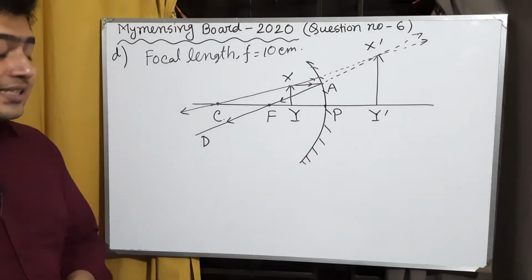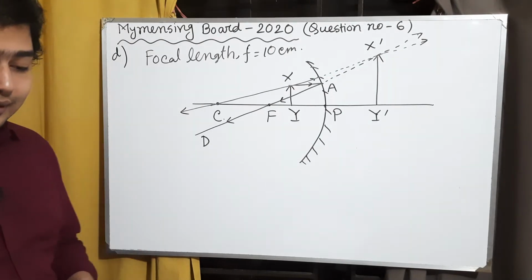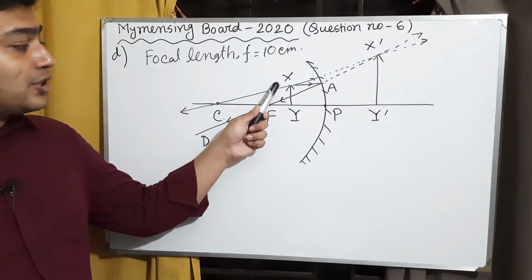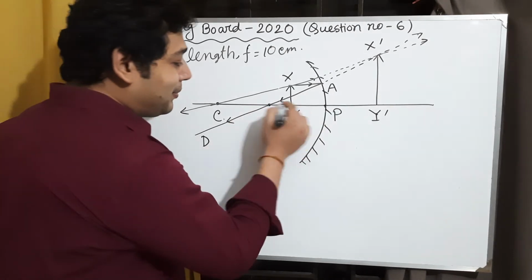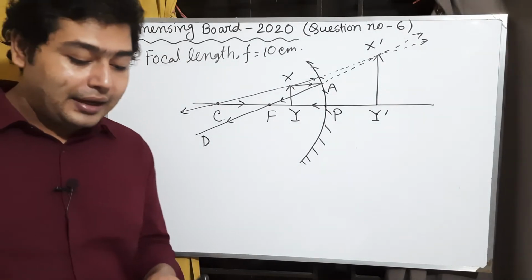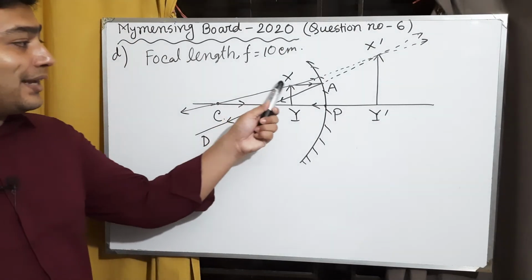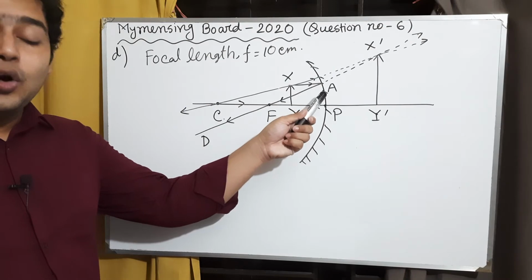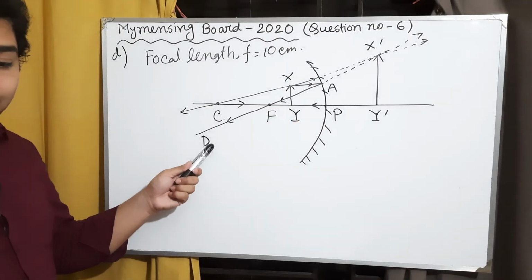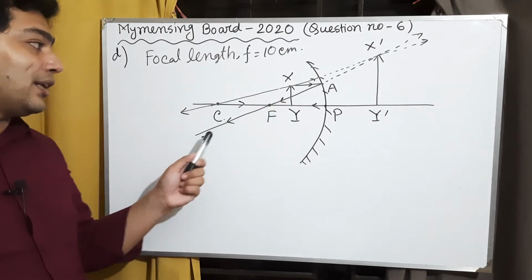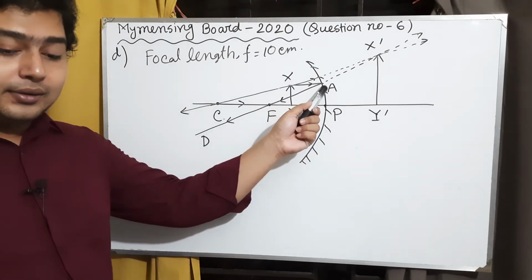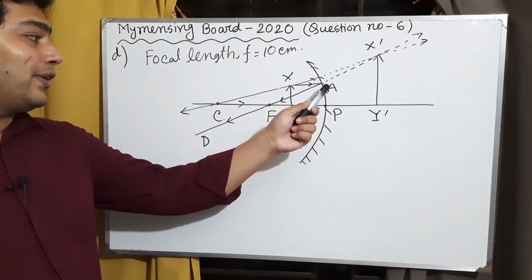The ray emerging from X parallel to the principal axis, XA, will go through the focus point after reflection.